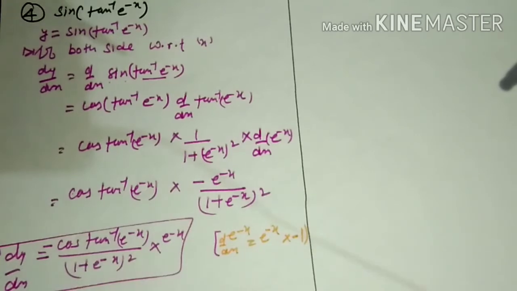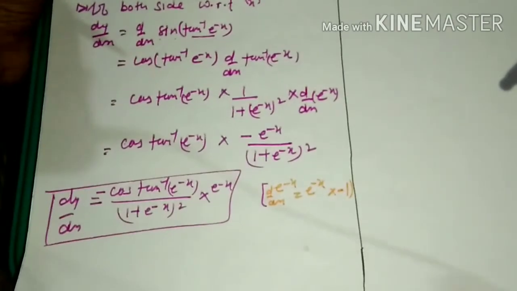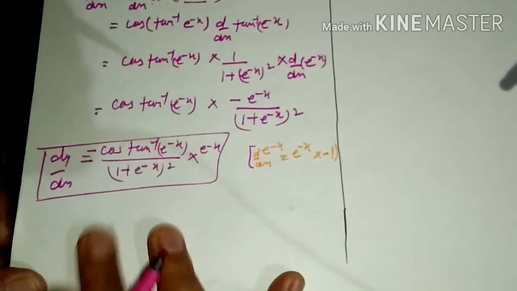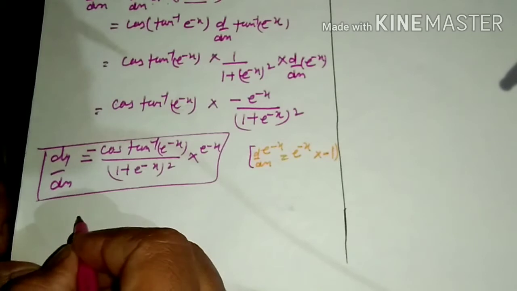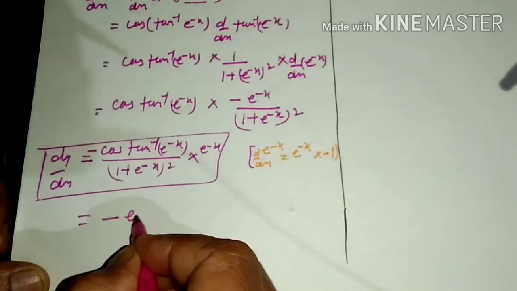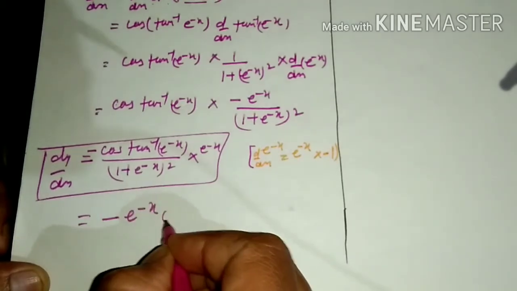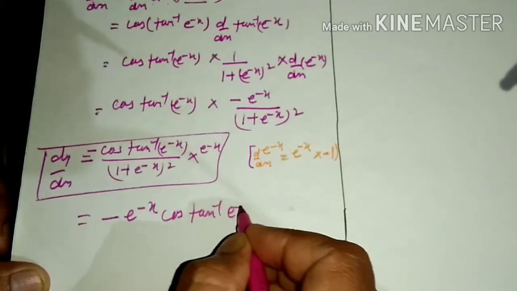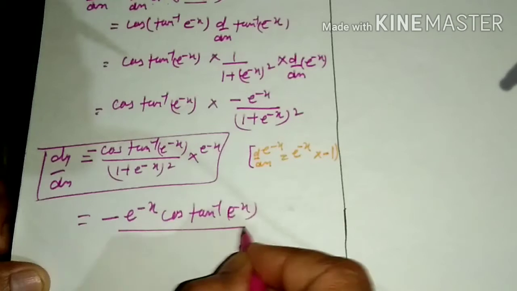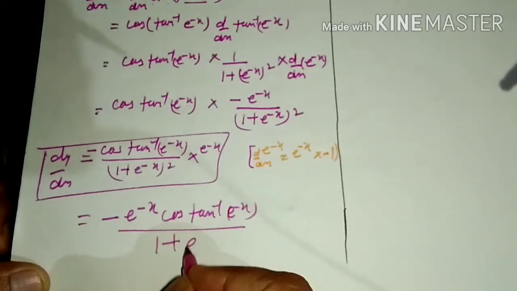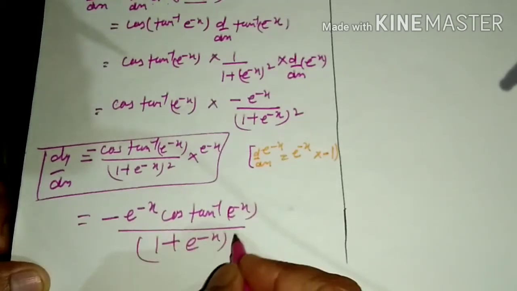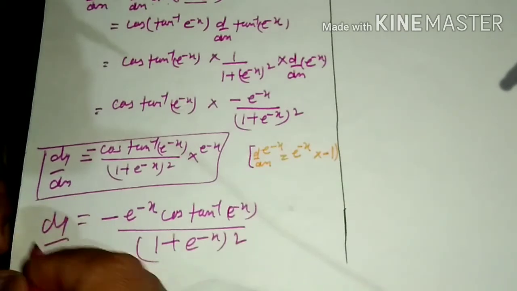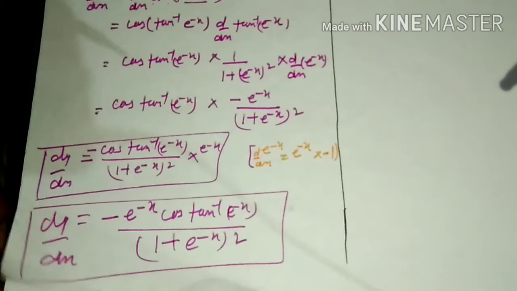It can also be written as minus e to the power minus x cos tan inverse e to the power minus x upon 1 plus e to the power minus x whole square, dy upon dx. Clear?